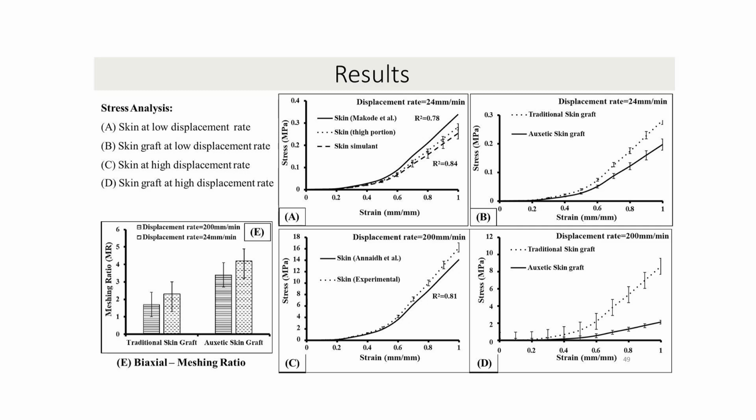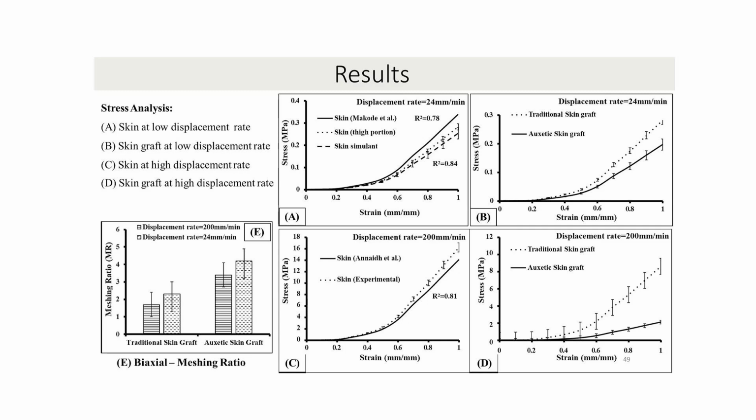So we tested the skin from the thigh portion. This is plot number 1 on the top, right? This is from Makode et al., where the original human skin properties were tested. Skin from the thigh portion was tested, and then a skin simulant material which we had developed earlier, as shown in different lectures, was also tested, and we could see some similarities.